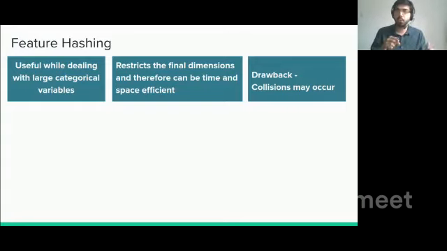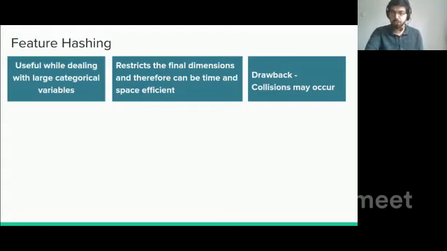And then you don't know which value should be given to which key. So the drawback with feature hashing is that this might occur. But of course, there are also ways to tackle this, and this is also something that doesn't happen as often as you expect. So that's why some people are okay to live with it.